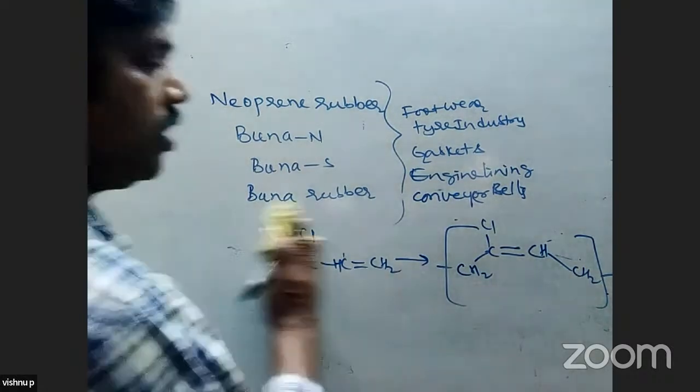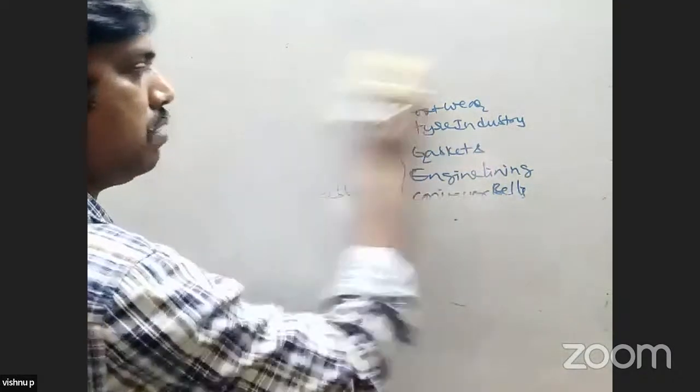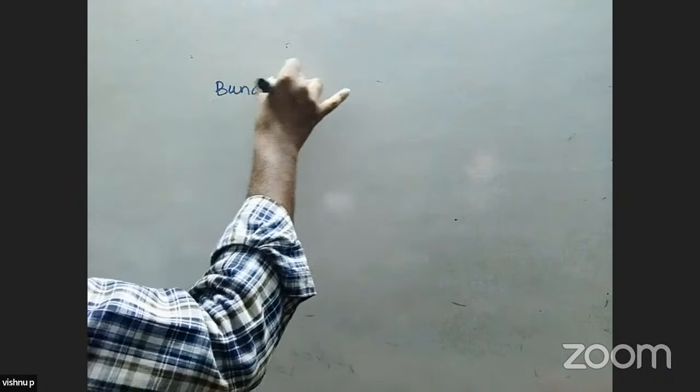Next, what are the monomer units in Buna N rubber?